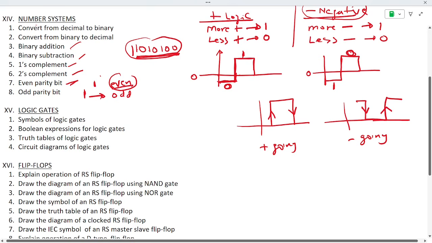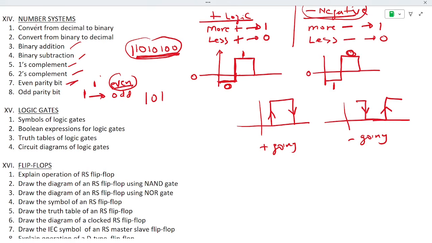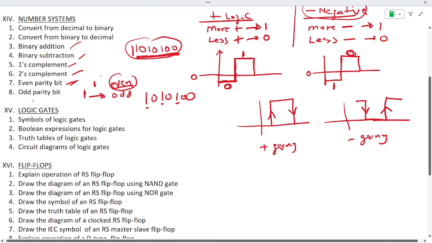If it was the same number, 1, 0, 1, 0, 1, 0, 0, that's 3 ones. We're only observing the ones. If they ask you to add a parity bit to make the number odd, as an odd parity bit, we already have 3, which is an odd number.